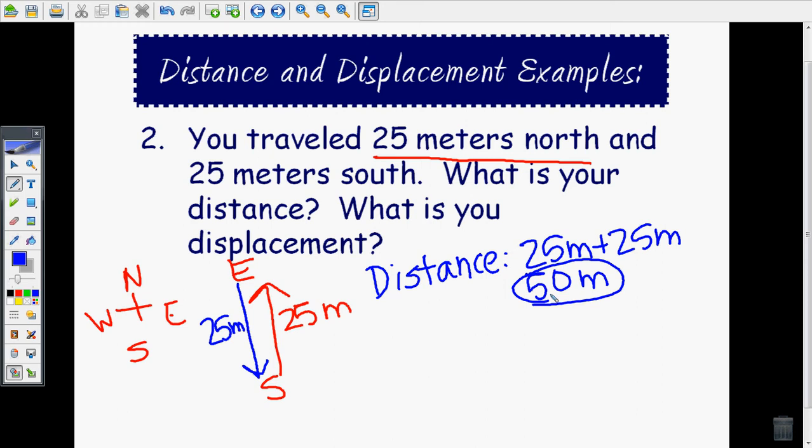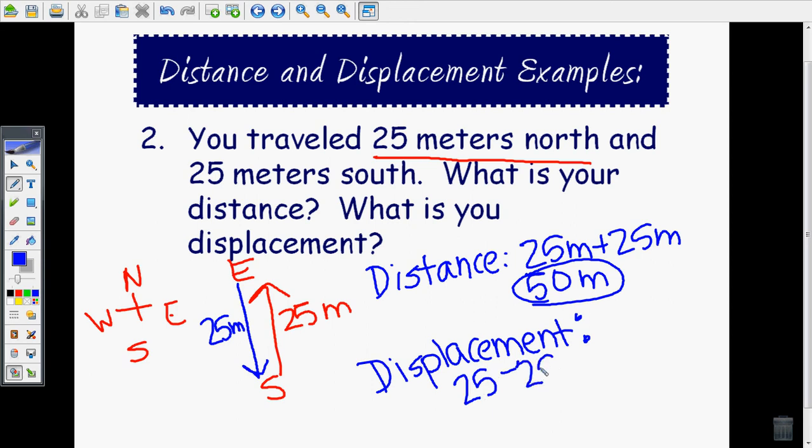Then displacement. So displacement 25, 25. Remember this, since you're going in complete opposite directions, you are allowed to subtract those technically. So 0.